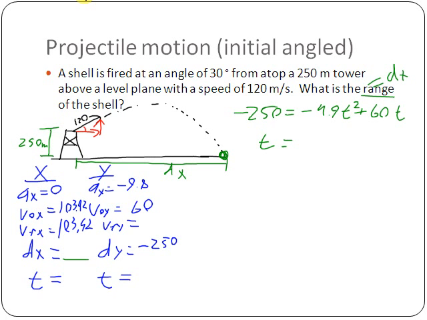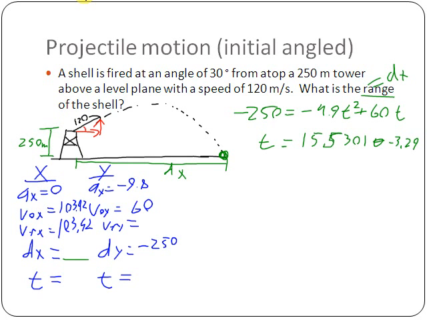If you were to solve this for t and plug those through, you would end up getting two roots for this one: 15.5301, and also negative 3.29.